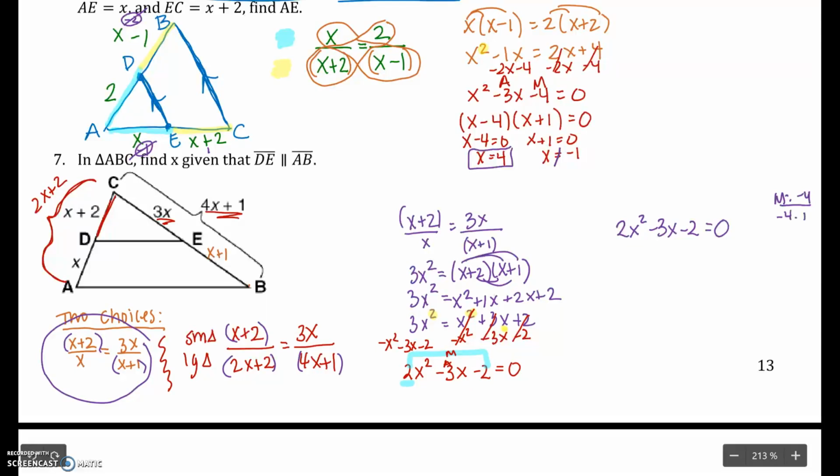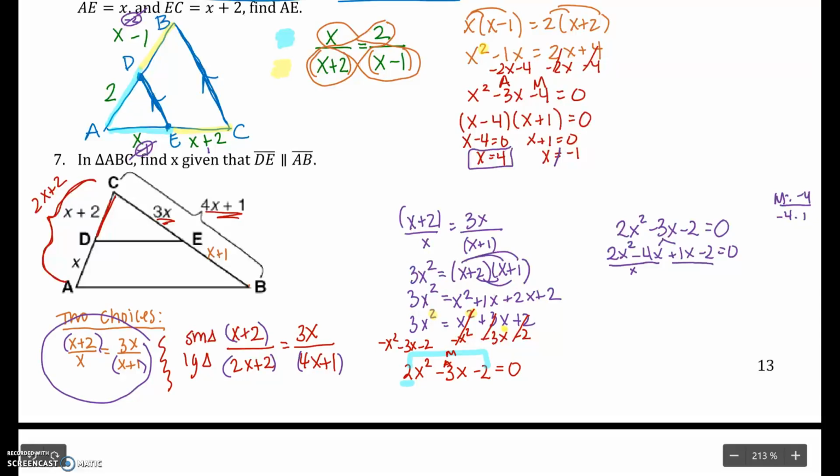So that would be -4 times +1. So this time, because there's a number in front, we can't go straight to the parentheses. We use that -4 and that +1 to split up the middle term, and then we're going to factor the front 2 and the last 2 by grouping.